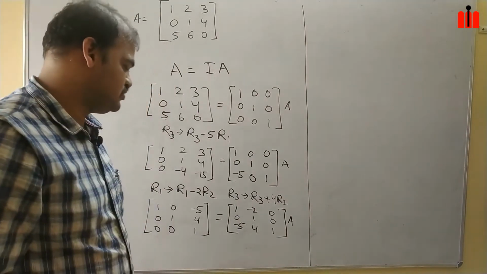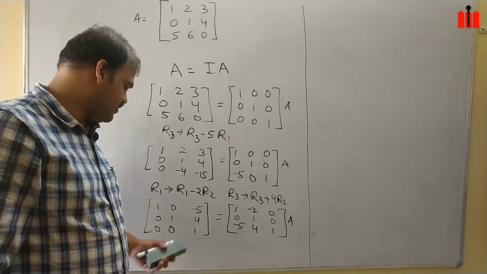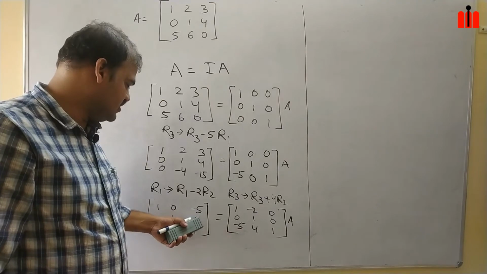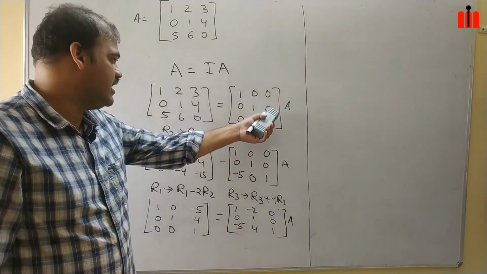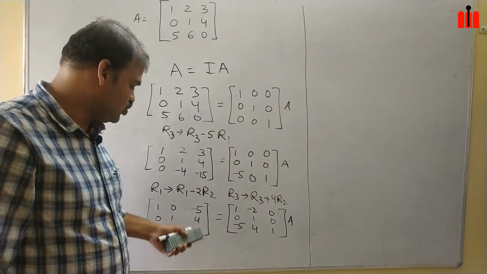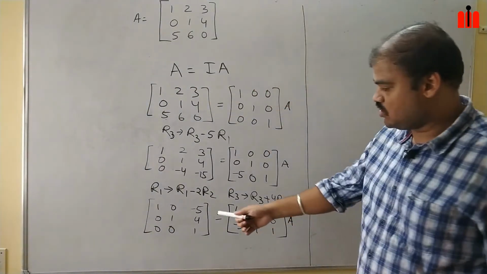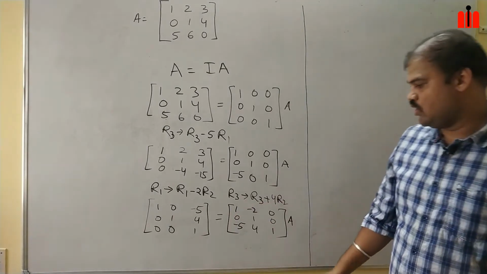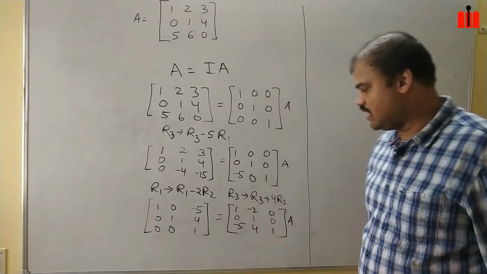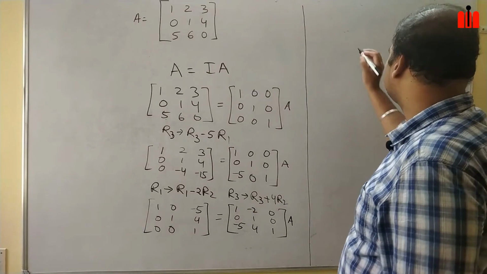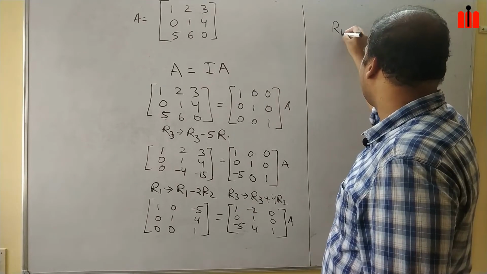Now let's move on to the next step. In next step, we will see that here it is 0 and here it is 0 for identity matrix, right? These two are zeros. So to make these two as 0, we have to perform operations on R1 and R2. Okay, we have to perform operations on R1 and R2. Once we perform operations on R1 and R2, it will be R1.